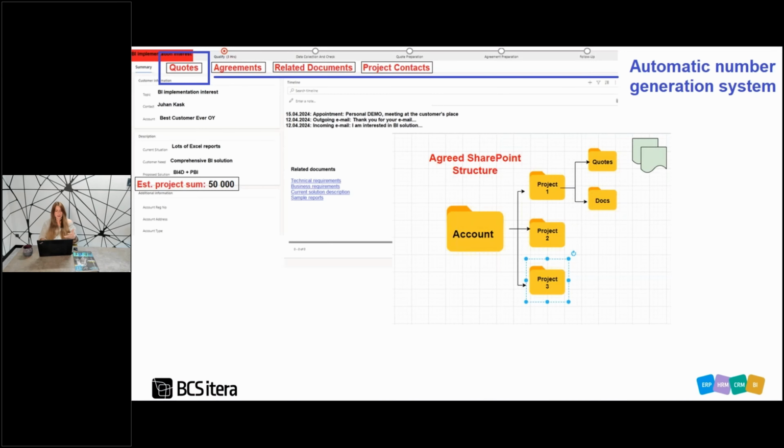Those of you who have been with us from the very beginning of this webinar series have also seen this wireframe of an opportunity card, but this would be just one example. Let's say that you consider an opportunity card and you create quotes. We have seen actual examples in real life where companies use an external solution to generate document numbers. It is very important for the company to have a particular logic for number series, for all the documents, for contracts, for quotes, for whatsoever.